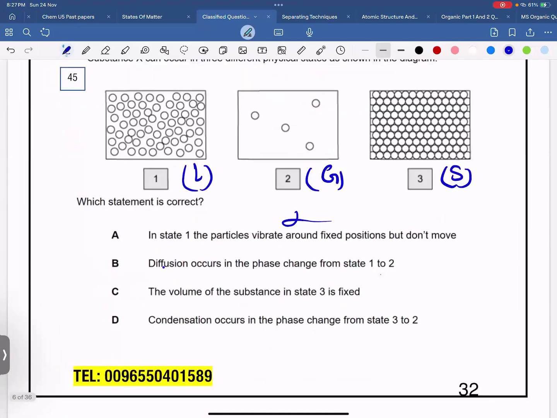So diffusion occurs in the phase change from 1 to 2? It's okay. But 1 to 2, not diffusion. Or diffusion occurs in 1 and 2, but not from 1 to 2. The volume of substance in 3 is at a fixed position. Yes, it's correct.